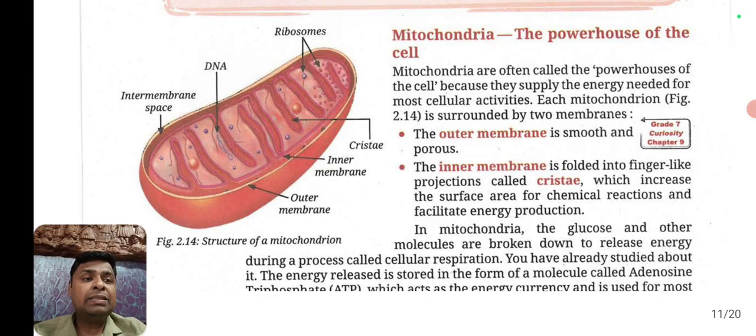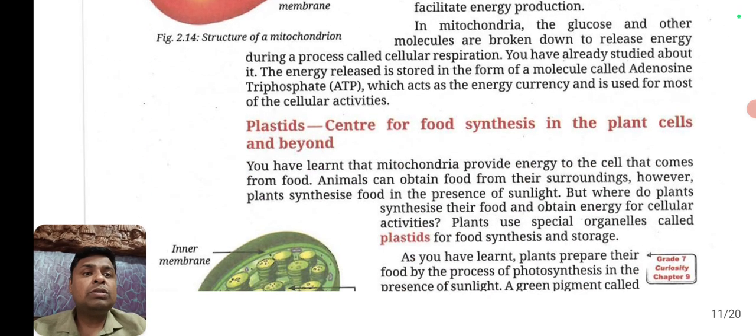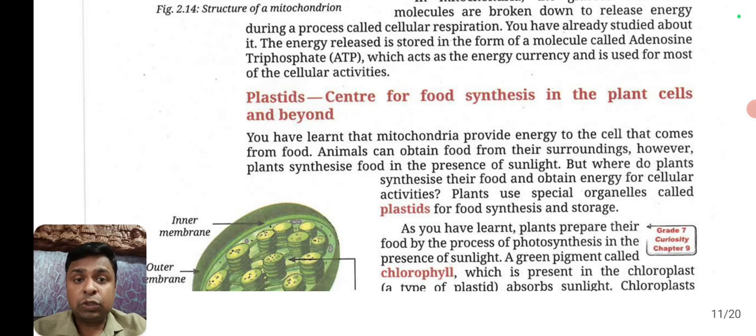So it has two parts, outer and inner membranes. The outer is smooth and the inner is folded. Now why is it folded? To give greater surface area. If you fold it inside, you have more surface to react. So surface area increases, and in mitochondria the glucose and other processes are happening. Respiration takes place in this.